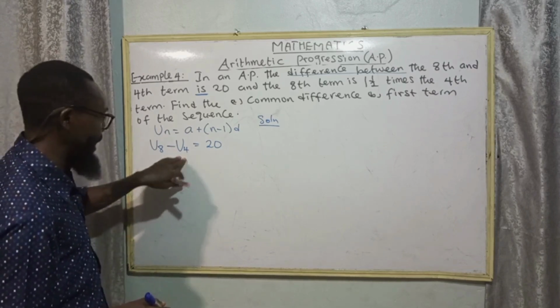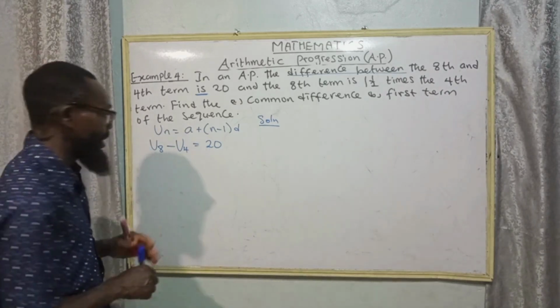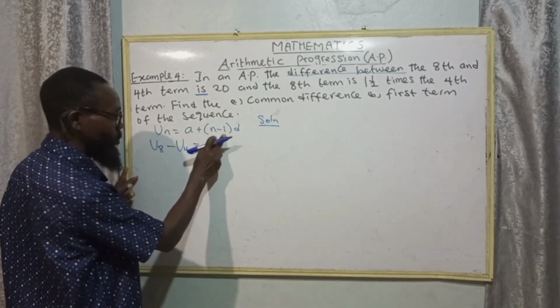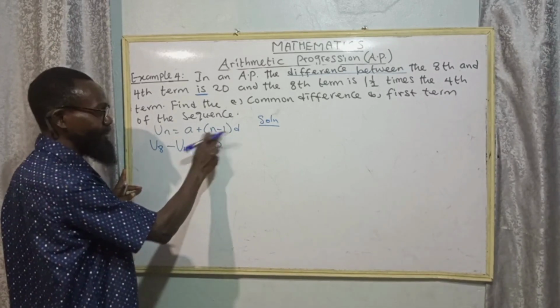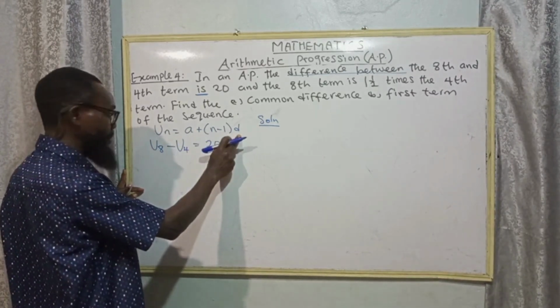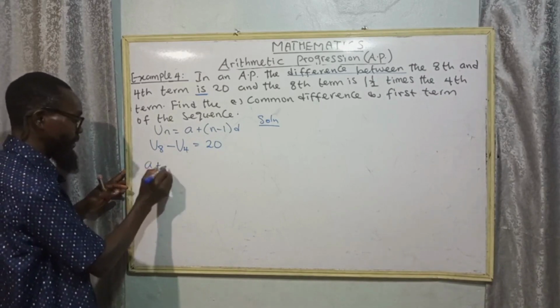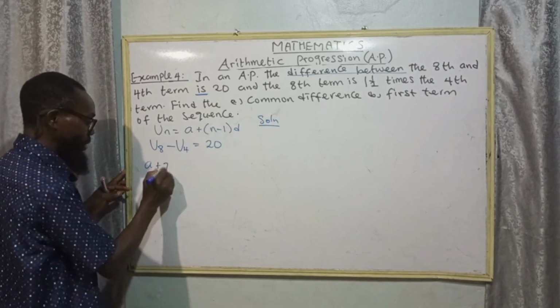If I put my 8 here, 8 minus 1 will give me 7. So 7 times d, I'm going to have 7d.